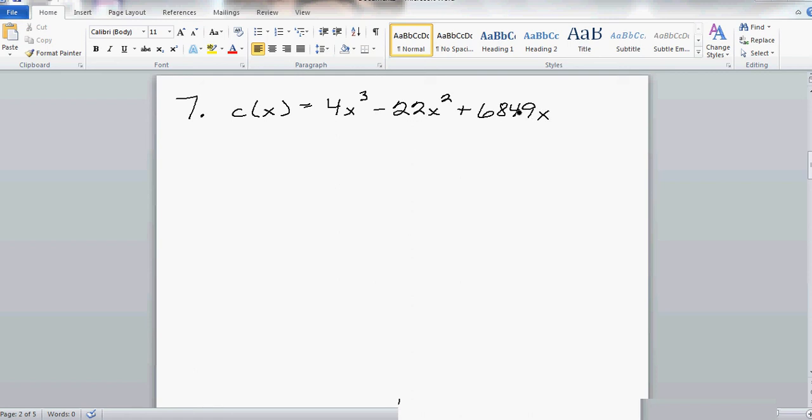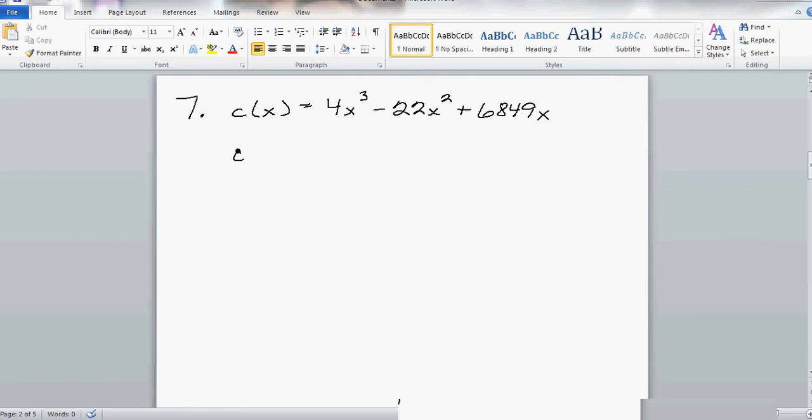And that's how much it costs to manufacture x items. This is where we need to read the question very carefully. Find a production level, in other words, how many pieces, that will minimize the average cost of making x items. So the first thing we have to do is find the average cost of doing this.